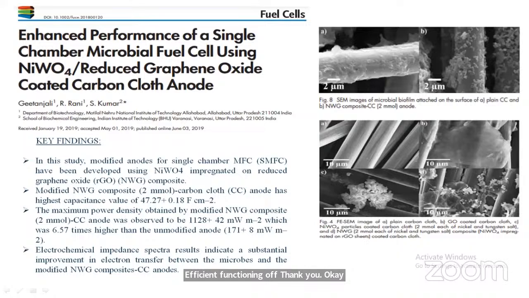This paper is also a part of the initial study, that is the anode modification, which was done using a nickel tungsten oxide reduced graphene oxide coated carbon cloth anode.